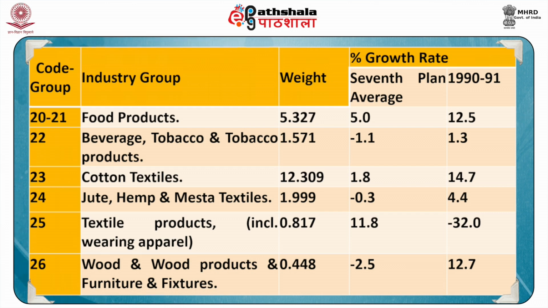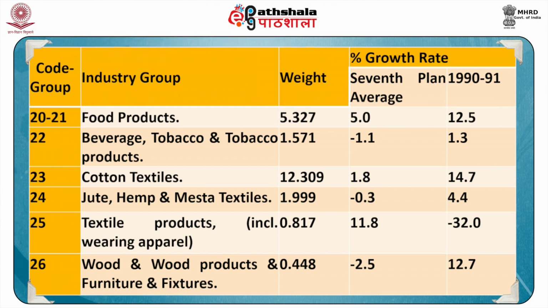Food products of weight 5.327 had a growth rate of 5% in the seventh plan and 12.5% in 1990-91.